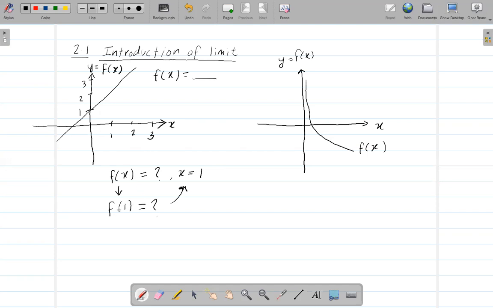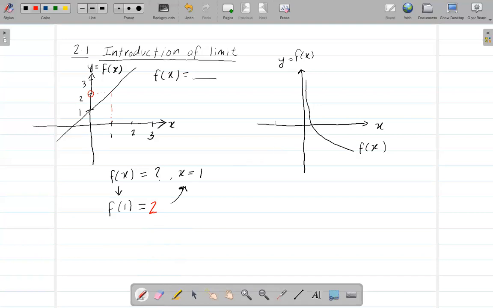From this graph, if I make a horizontal line, I can see that the value of f of 1, or y, is 2, because this is the y-axis, or f of x axis, and this is the x-axis, right? So the value of f of 1 is 2. This is the exact value. When x is exactly 1, f of 1 is exactly 2.